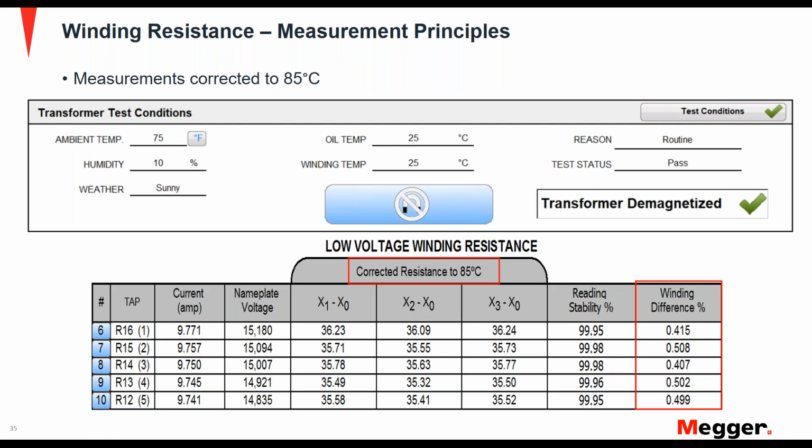And that's typically done by looking at the transformer winding temperature gauge locally at the transformer, because this will set up what we see in the bottom part of the screen, that when you correct those readings to a reference temperature, in this case 85 degrees Celsius, you get a good comparison to previous data that might be done a few years ago, or even factory acceptance data.